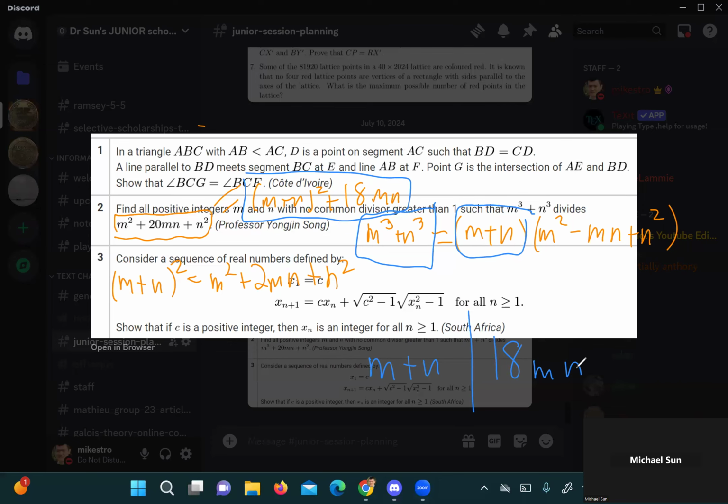Okay, some basic facts maybe you can try to prove. Does m plus n share common factors with m? Oh, do you know this? Does m plus n and m have any common factors?